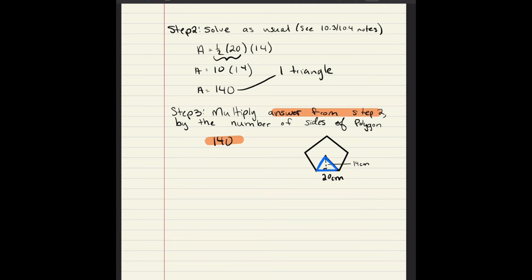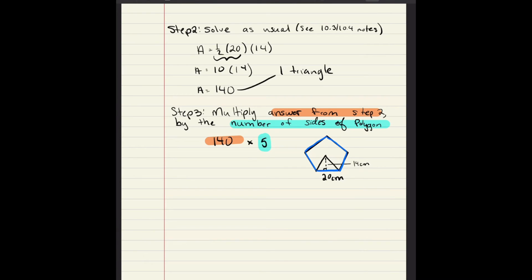I have one triangle here, but I want to look at the sides. Let's try that again. 1, 2, 3, 4, 5 sides. So I need to multiply the answer from step 2, which is 140, by the number of sides of the polygon. So I have 140 times the number of sides from the polygon.